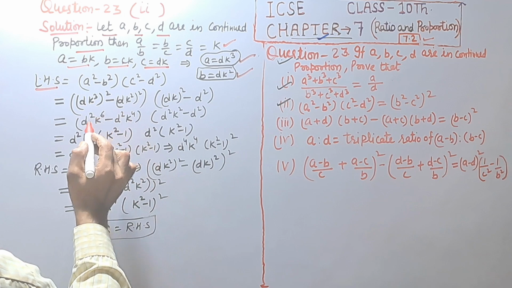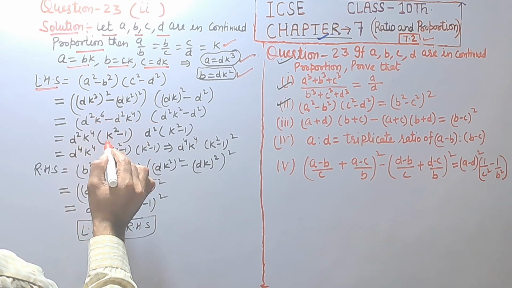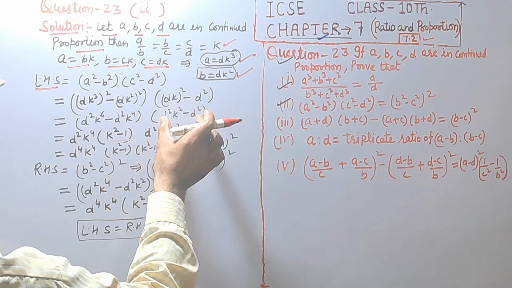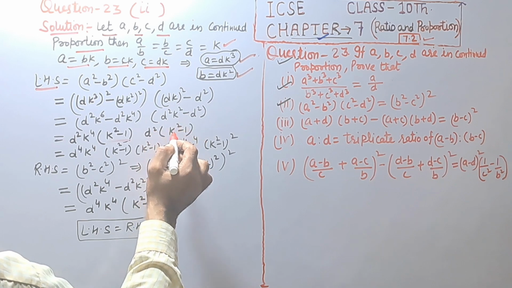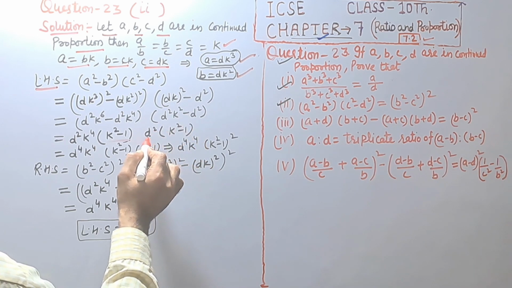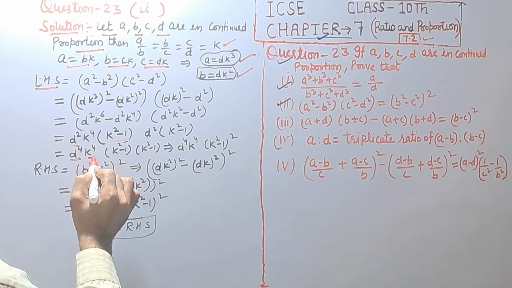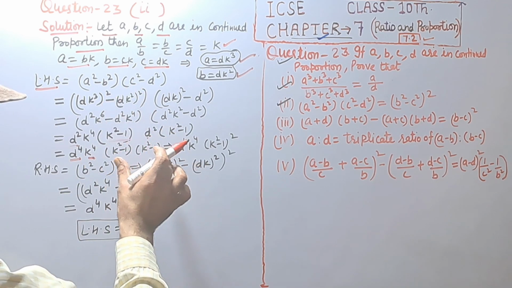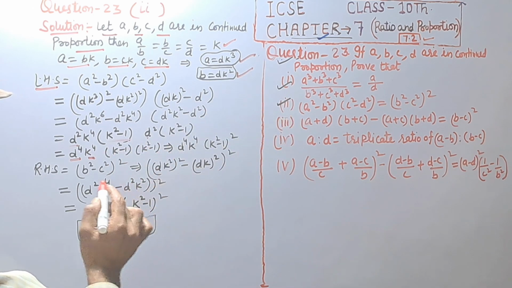We are taking common d square k square in first bracket, in bracket k raised to power 2 minus 1, and we are taking d square in second bracket, in bracket k square minus 1, d square into d square, this will be d raised to power 4 into k raised to power 4 in bracket k square minus 1, k square minus 1, and this will be k square minus 1 whole raised to power 2.